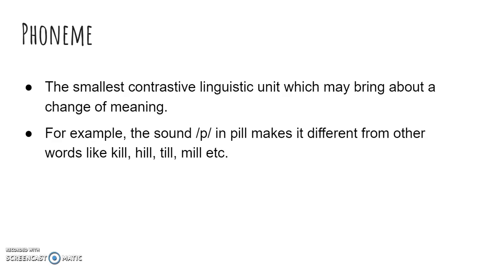Now, if you take up this one, this is something again quite different. Minimal pairs. Now, what do you mean by minimal pairs? Minimal pairs are two words which differ only in one phoneme. It is just like the lowest common multiple, right?